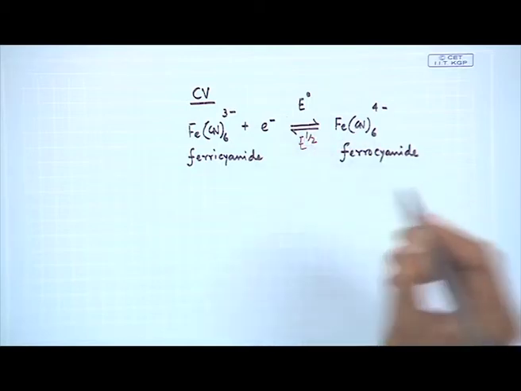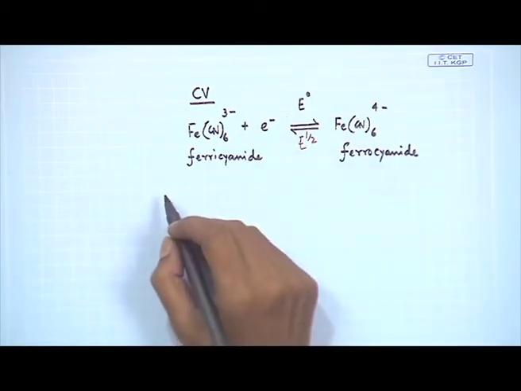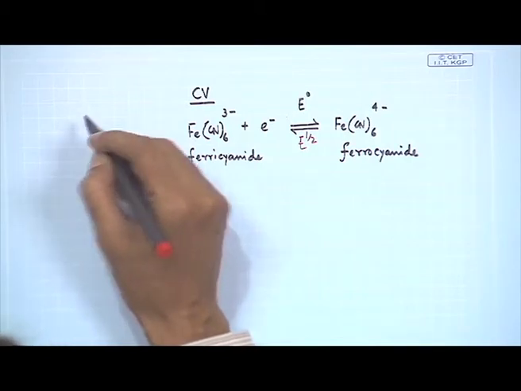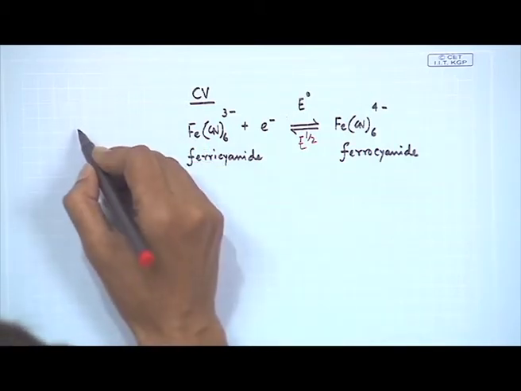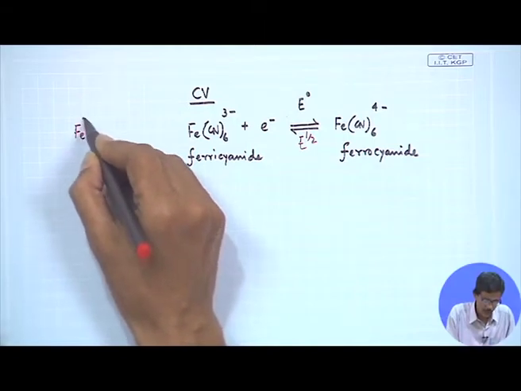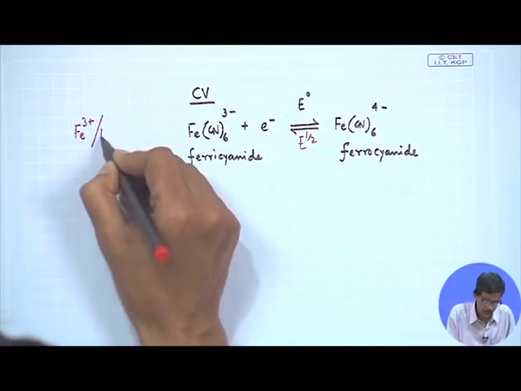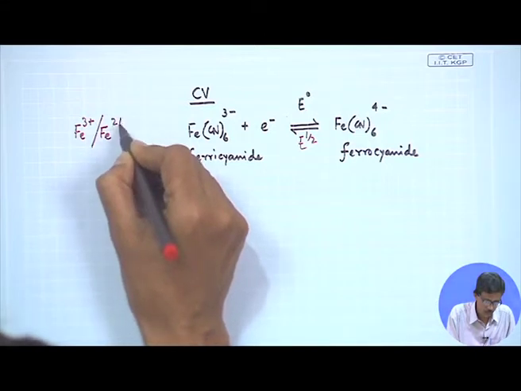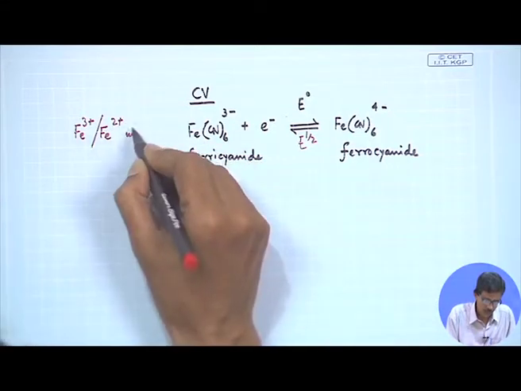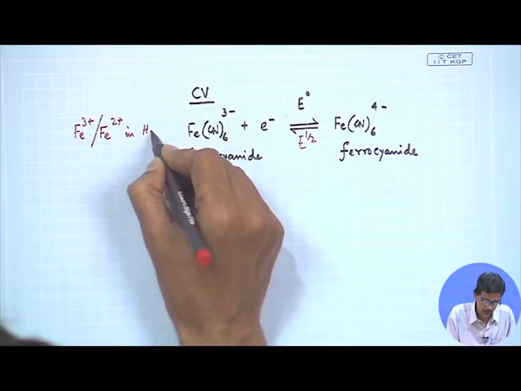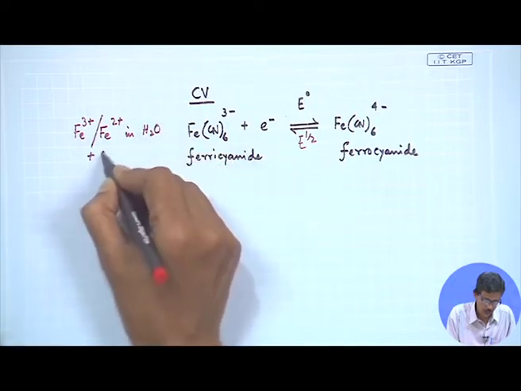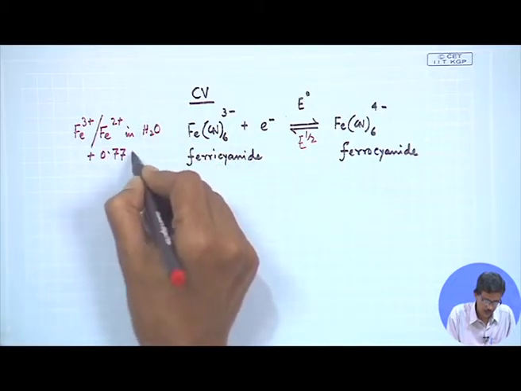So what should be its corresponding E0 or E-half value? At one point of time we discussed, while talking about the potentiometric measurements, that the half cell potential for Fe3+/Fe2+ in water, in aqueous solution, was plus 0.77 volt.